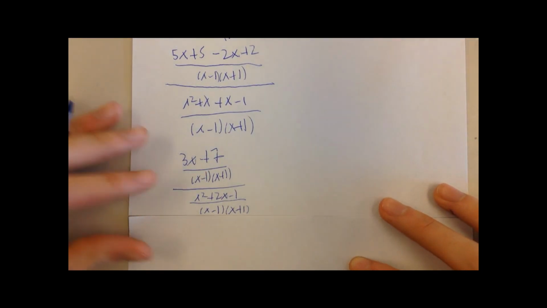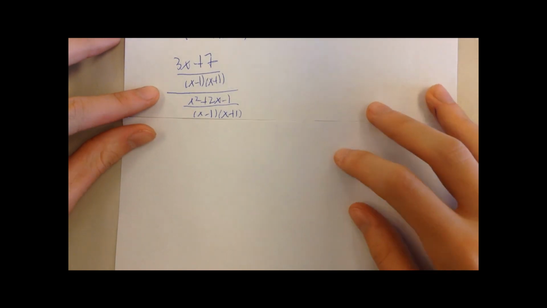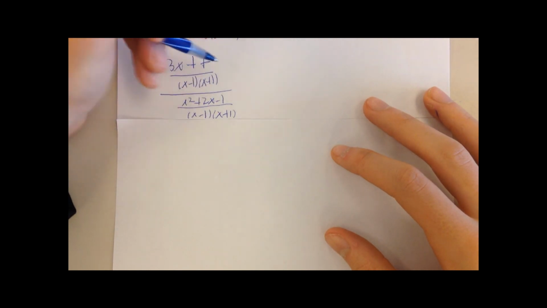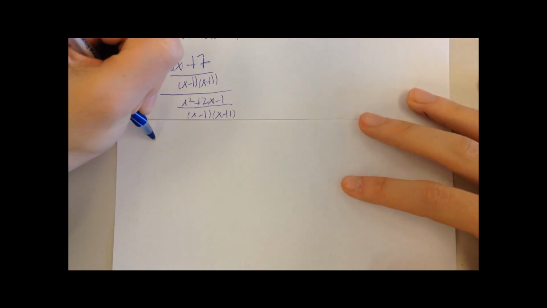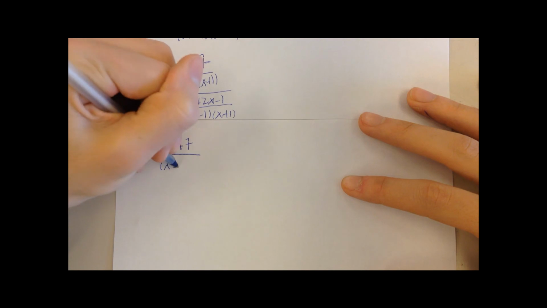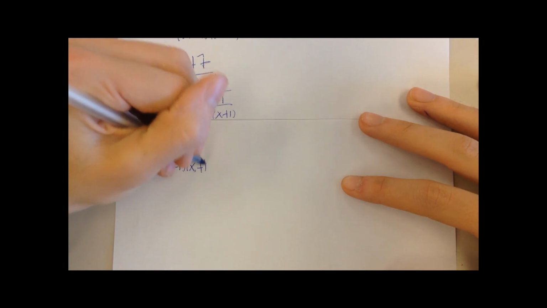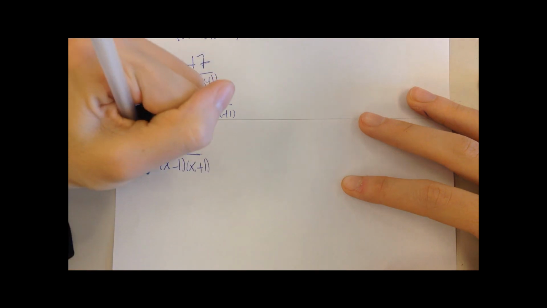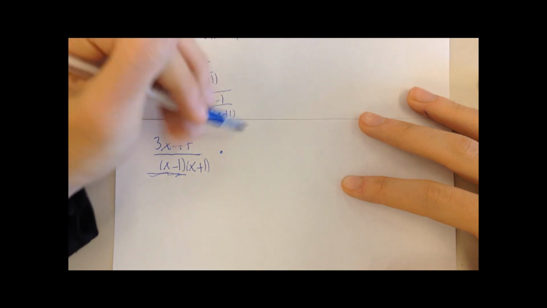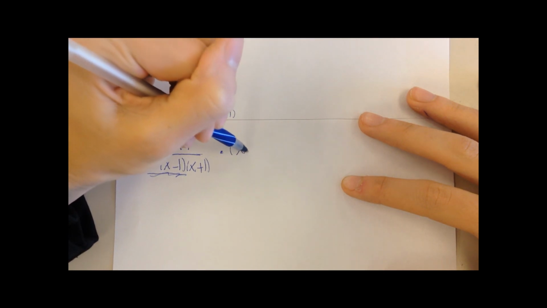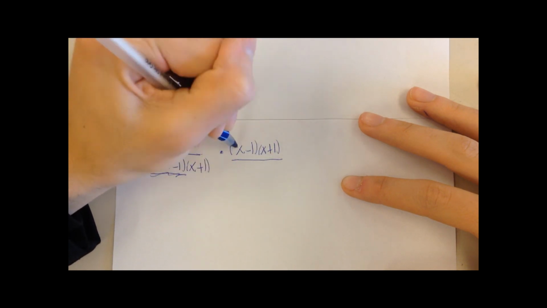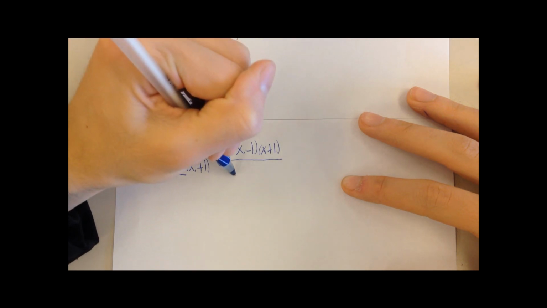Now this is just a division problem, and the way we solve that is we flip the denominator and multiply. So that's going to look like 3x plus 7 over (x minus 1)(x plus 1), multiplied by, we're going to flip this right here, (x minus 1)(x plus 1) over x squared plus 2x minus 1.